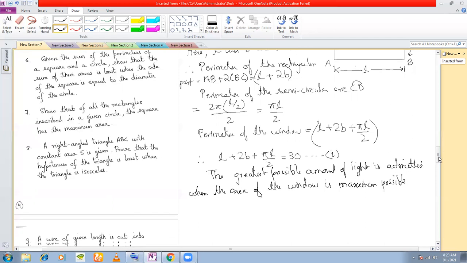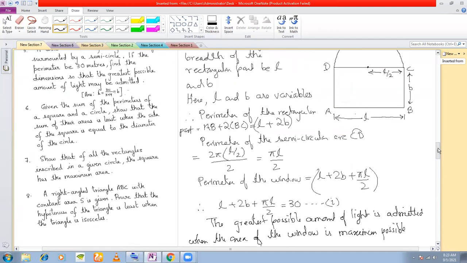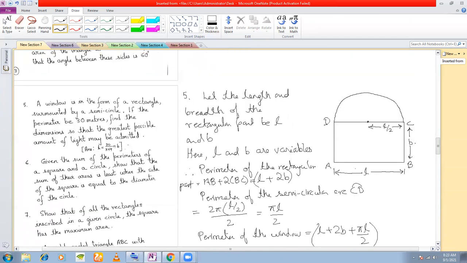So let's first find out the expression for the area. What is the area of the window? Area of the window A is equal to first area of the rectangular part. What is the area of the rectangular part? Length into breadth plus area of the semicircular part.